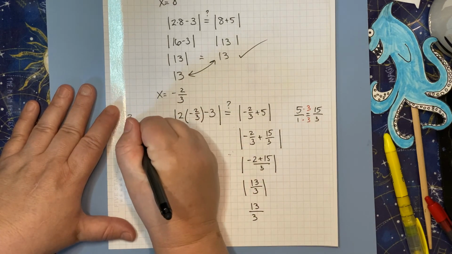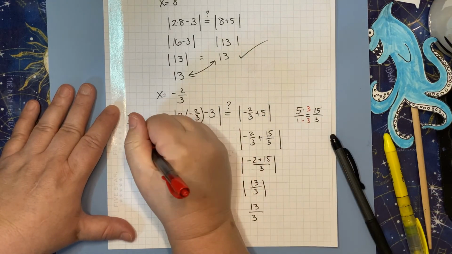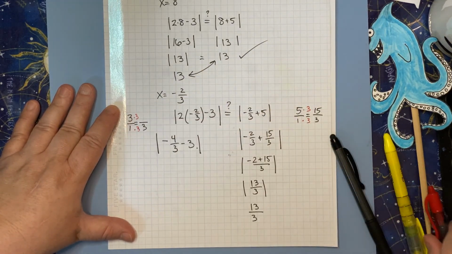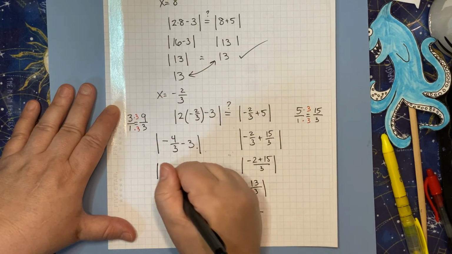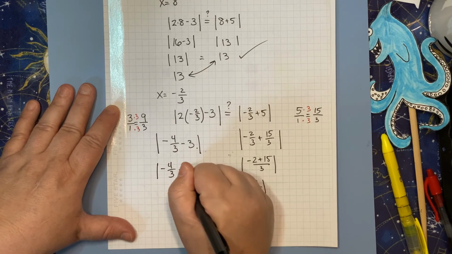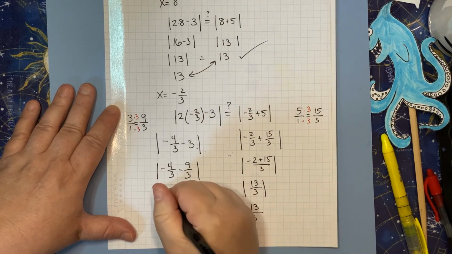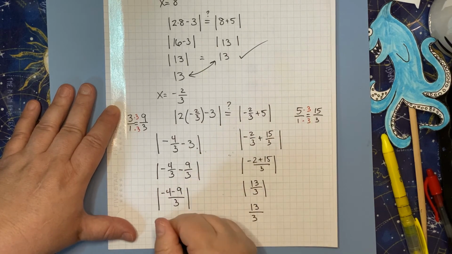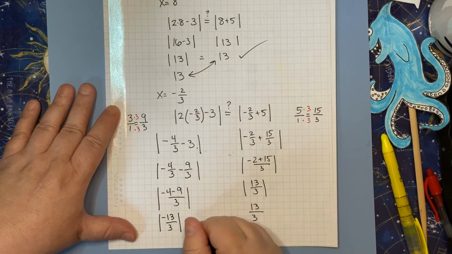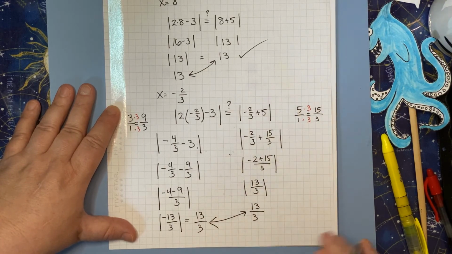So let's see, I will do 3 over 1 equals what over 3? Multiply top and bottom by 3, I get 9/3. So this is negative 4/3 minus 9/3, all inside of absolute value. So I get negative 4 minus 9 all over 3. So that's negative 13/3 inside absolute value, which is positive 13/3. Oh my goodness, look at that.